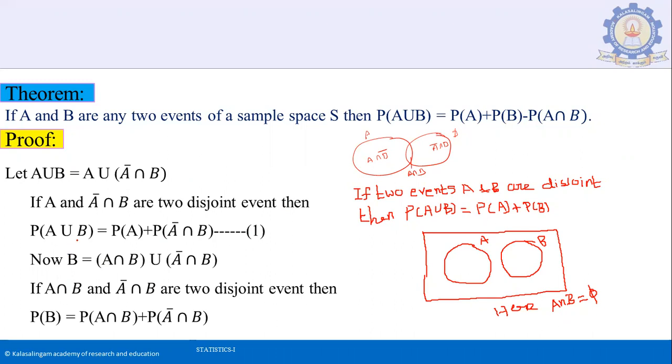So probability of A union B equal to P of A plus P of A bar intersection B. Let us call it equation number 1.